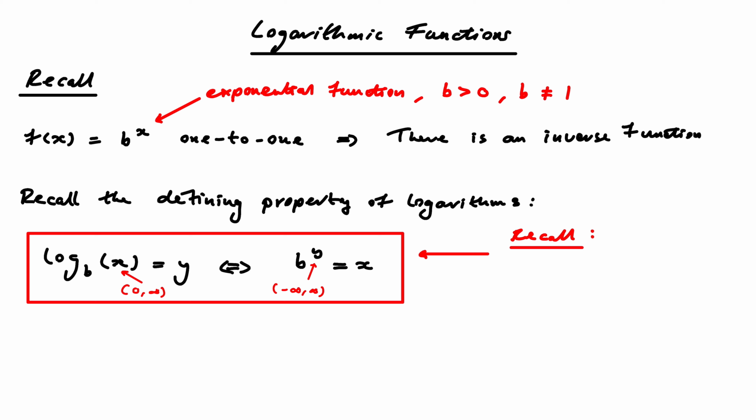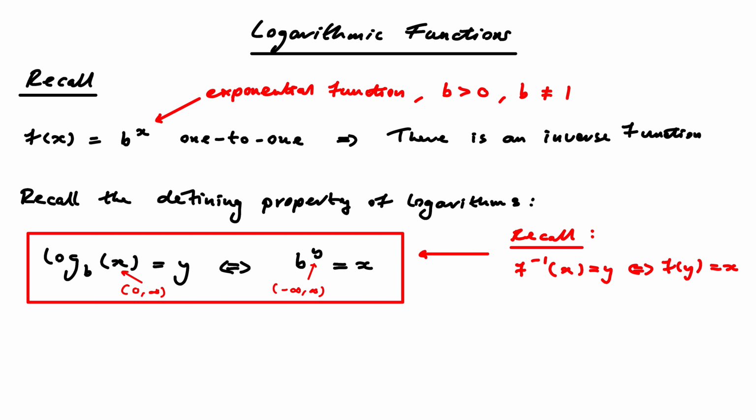The defining property of the inverse function is the following. f to the minus 1 of x is equal to y if and only if f of y is equal to x. Right, that's the meaning of an inverse function. And look at what we've got. We have exactly that, where f is my exponential function here, with base b.